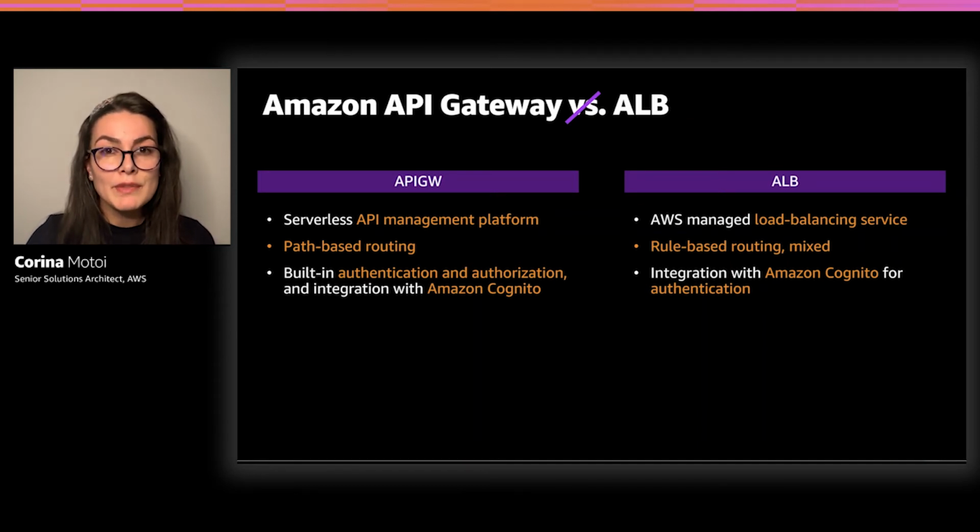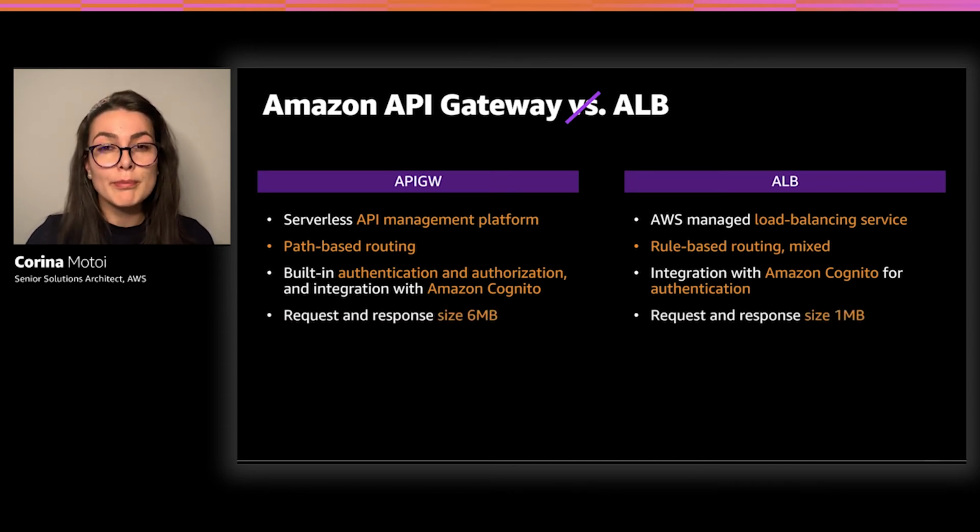For the ALB, the routing rules can be based on any field in the HTTP request header, such as host header, URL path, URL query string, or even a mix between them. So quite a lot more options for you to route your requests.